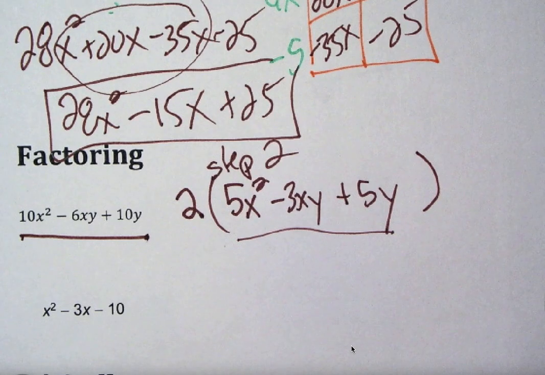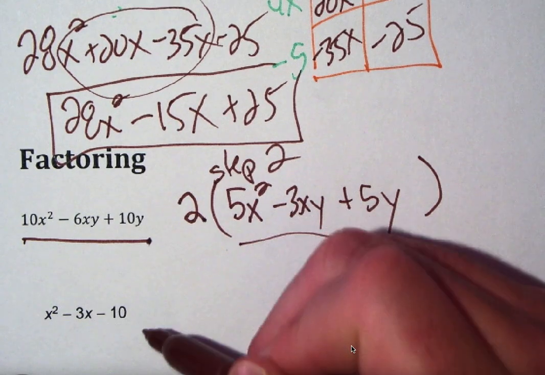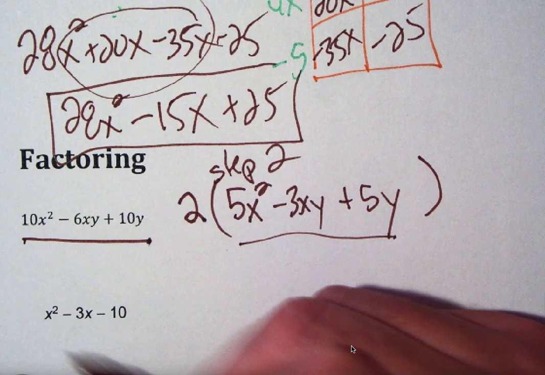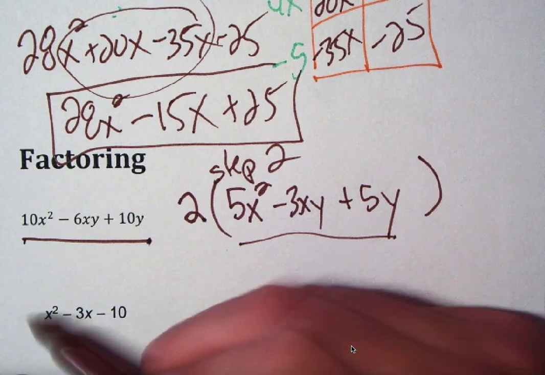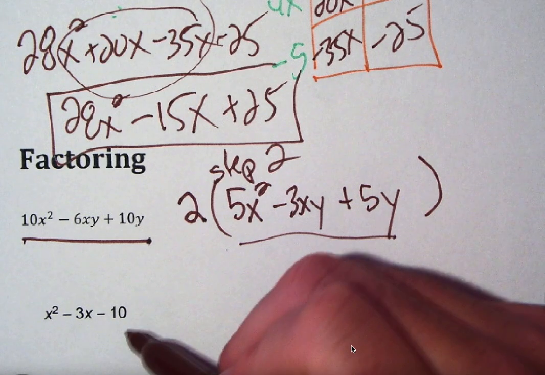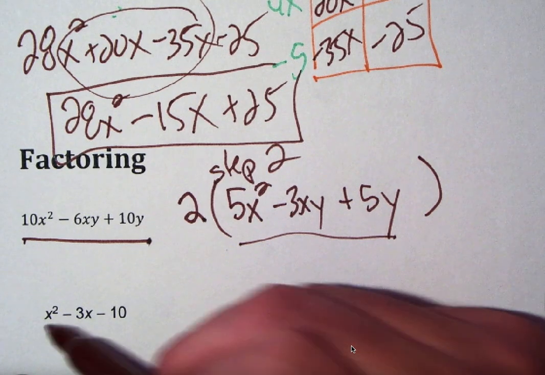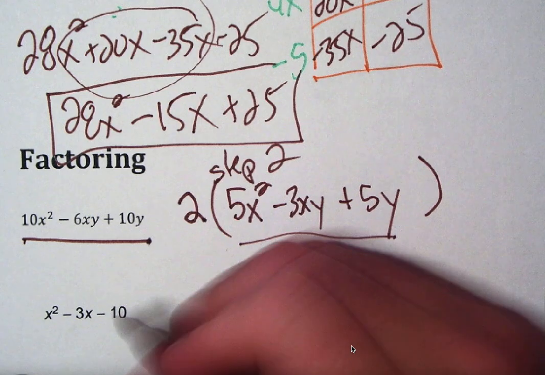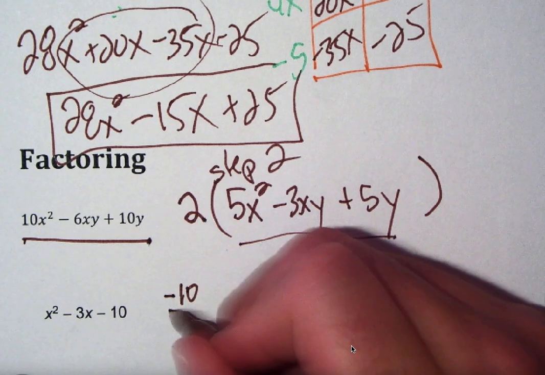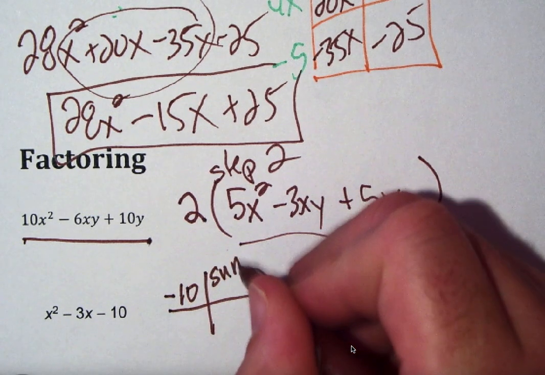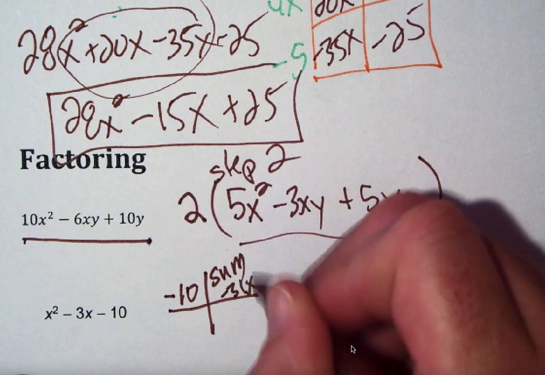Okay. We're going to factor this. If you want to pause me or just keep watching, there's 1, 2, 3 terms. There's no GCF other than 1. It's in the form x squared plus bx plus c. So I know that I need to find things that multiply to negative 10 that also sum to negative 3x.